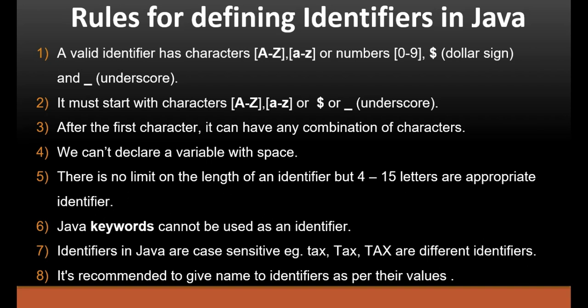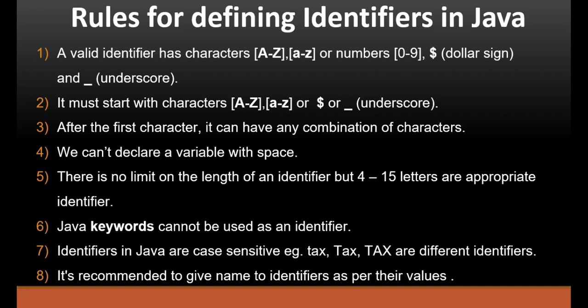Next rule is what? You cannot use built-in or predefined keywords which are there in Java. For example, you cannot use main keyword, you cannot use string keyword, or you cannot use predefined keywords which are there in Java. Next is identifiers in Java are case sensitive.